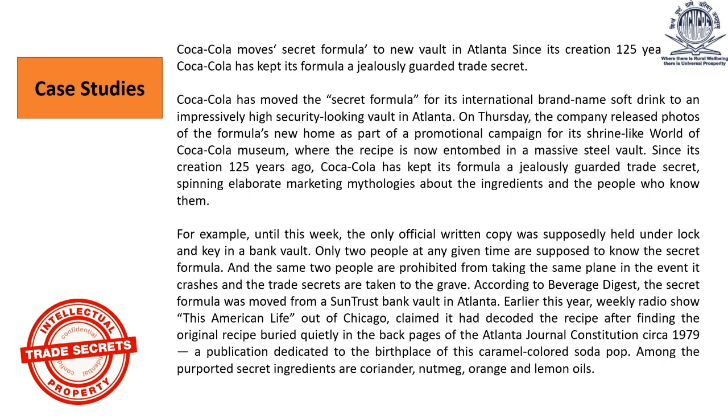Earlier this year, the weekly radio show This American Life out of Chicago claimed it had decoded the recipe after finding the original recipe buried in the back pages of the Atlanta Journal-Constitution, 1979, a publication dedicated to the birthplace of its caramel-colored soda pop.